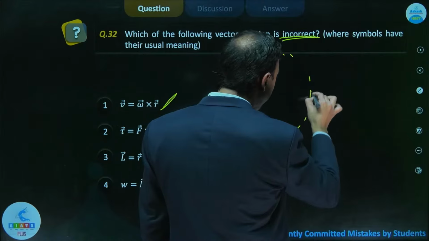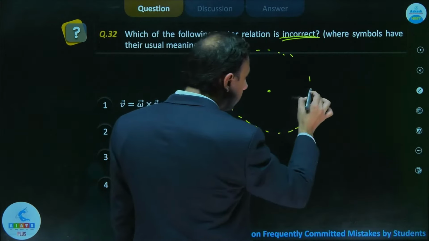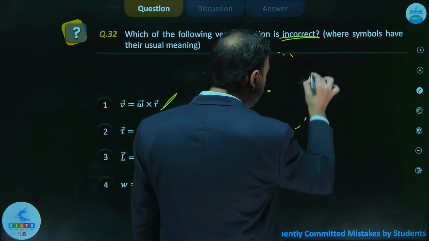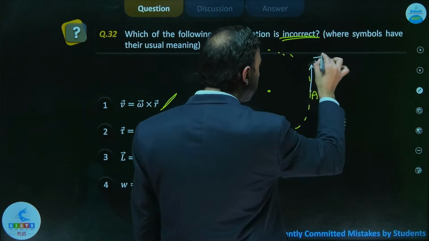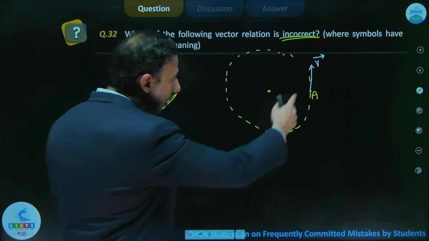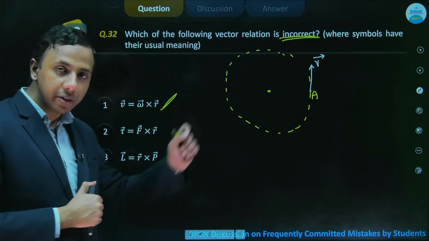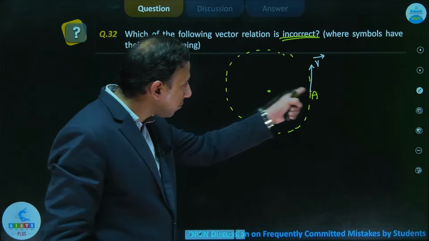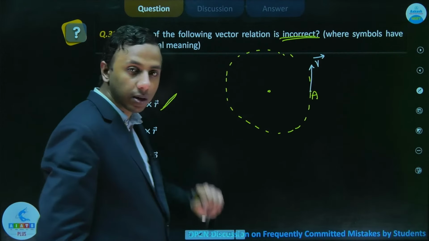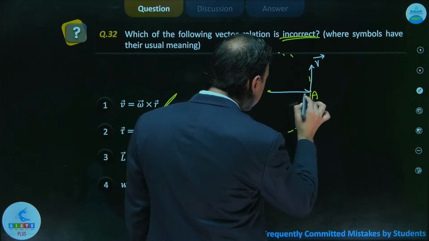Then at a point, velocity vector, this velocity vector is going to be in this direction, because the particle is moving like this. What about r vector? So velocity vector I have told you. What about r vector? R vector is the position of this point with respect to the center of this circle. So which means this is your r vector.